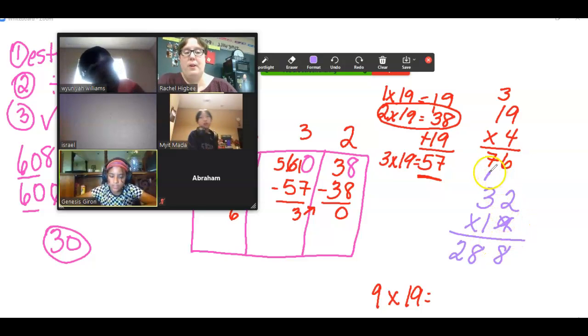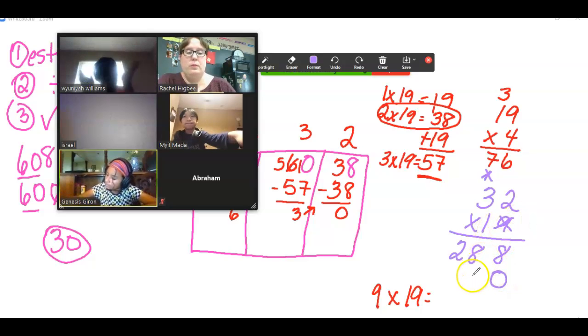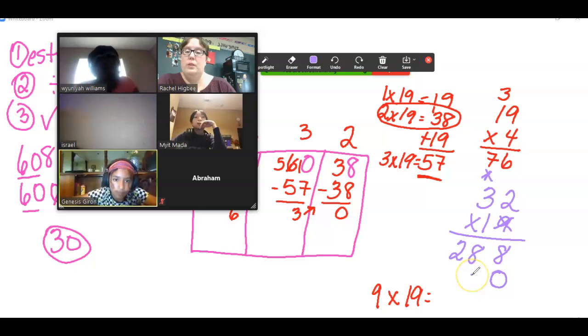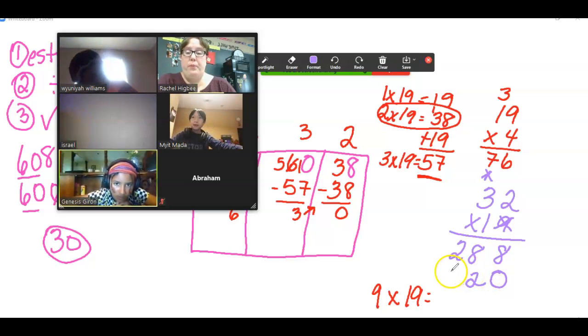All right, so I'm going to cross these off so I don't get confused. I'm going to the tens place. 1 times 2, and 1 times 3.